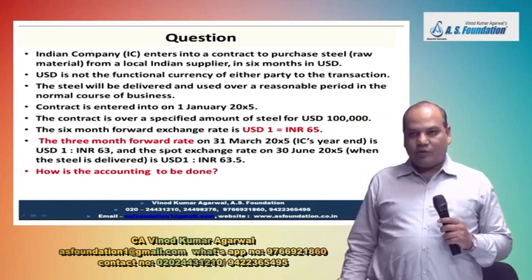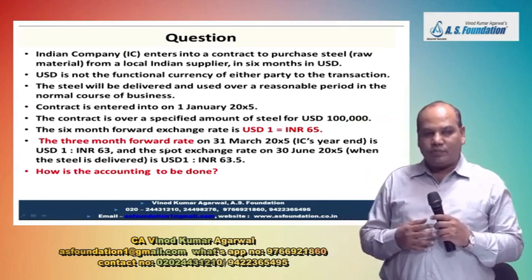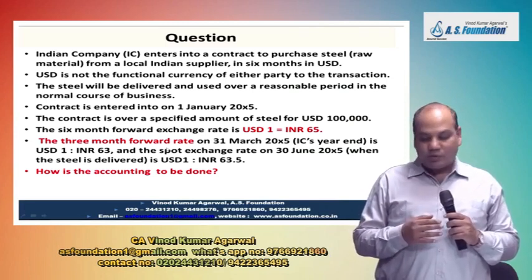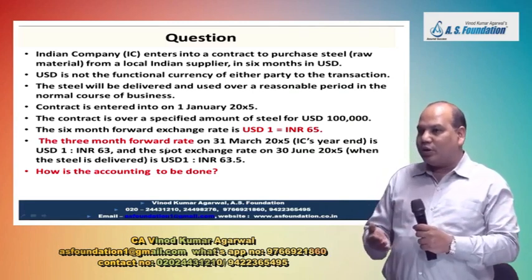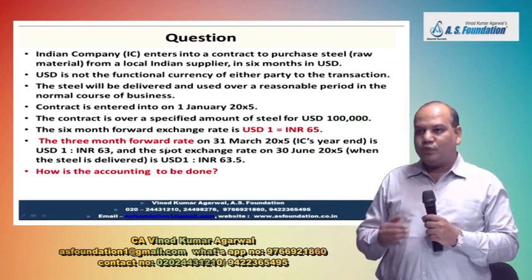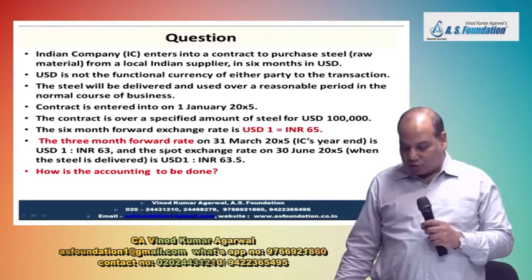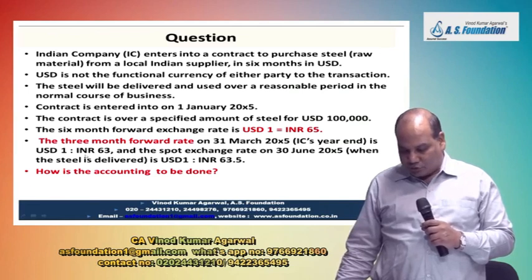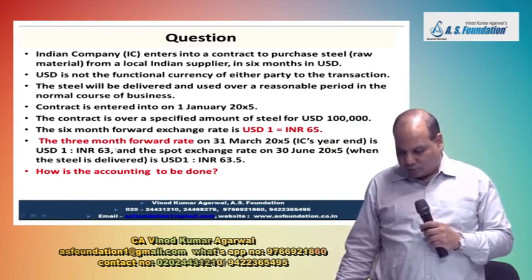Why is the 3-month rate given? Because the remaining period is only 3 months. If I want to enter into a forward contract now for the remaining maturity, now the dollar is available at 63 rupees. Earlier it was 65.